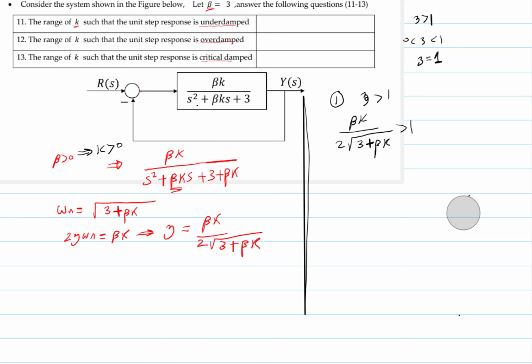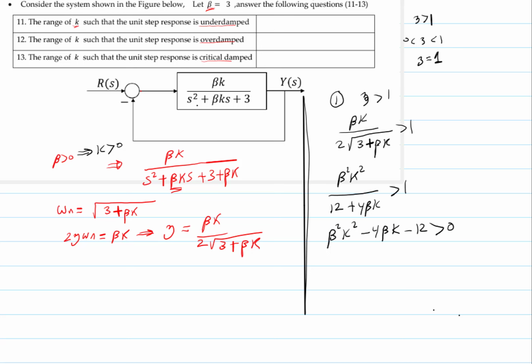Let's square both sides, so we have beta square k square over 12 plus 4 beta k must be greater than 1. So this means that we have beta square k square minus 4 beta k minus 12 must be greater than 0.